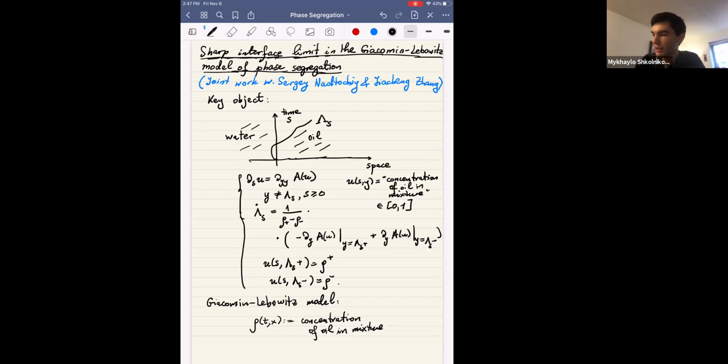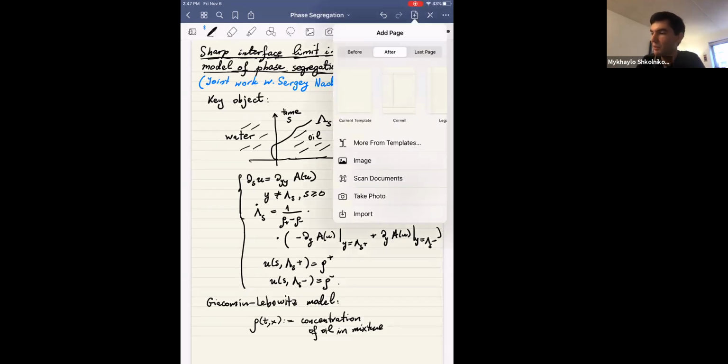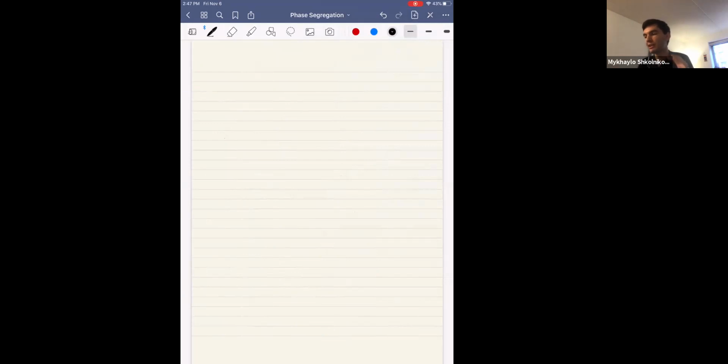Okay, and so what Giacomin and Lebowitz suggested is the following equation for how this rho changes over time. So the equation is much nicer and shorter than this long free boundary problem that I stated before. So I think the model is quite beautiful.